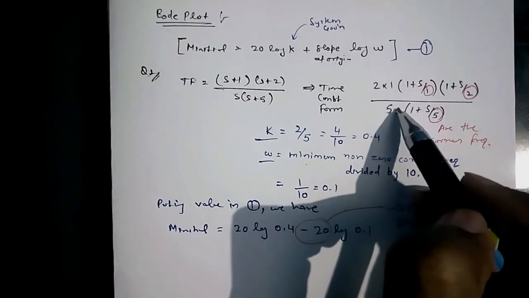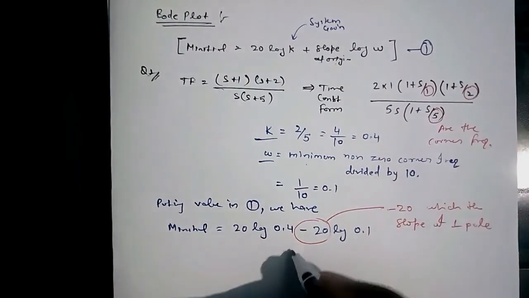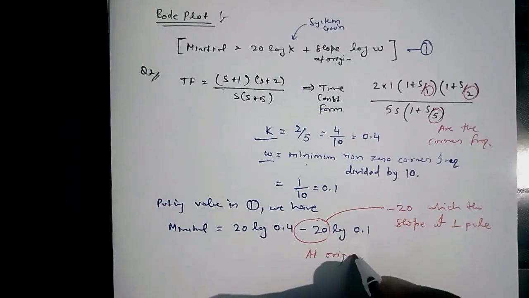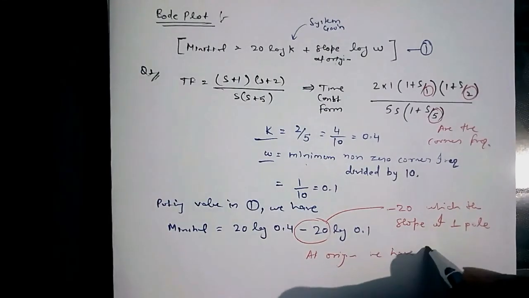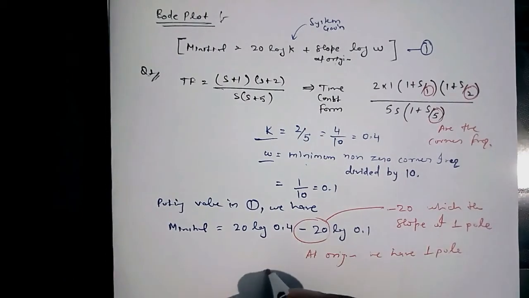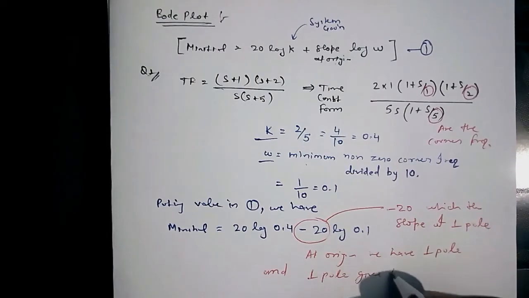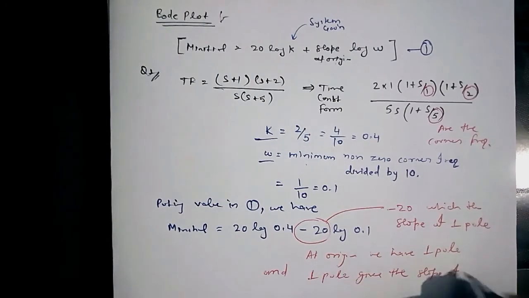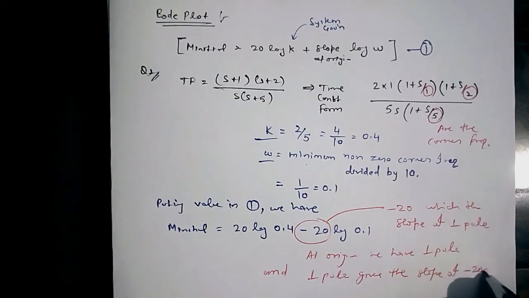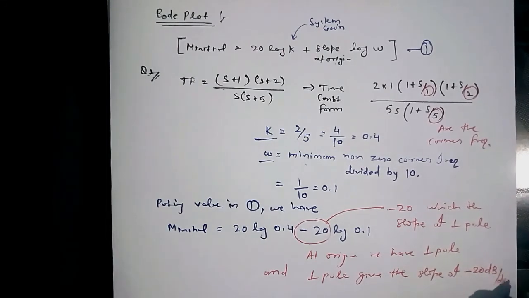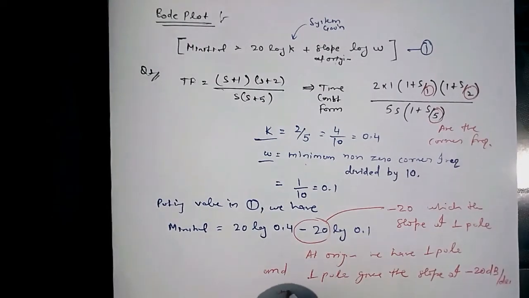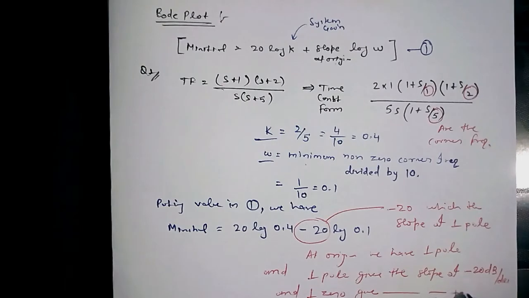At the origin we have one pole, and one pole gives the slope of minus 20 dB per decade, and one zero gives the slope of plus 20 dB per decade.